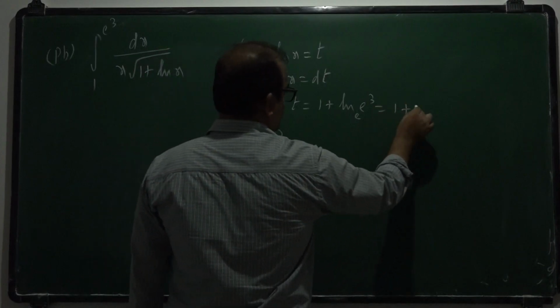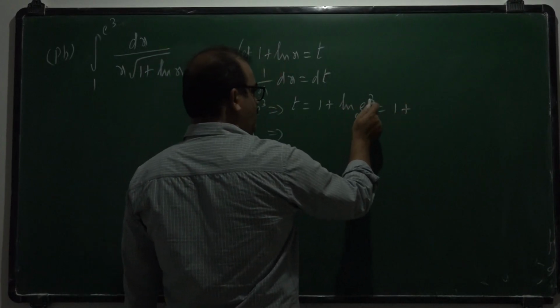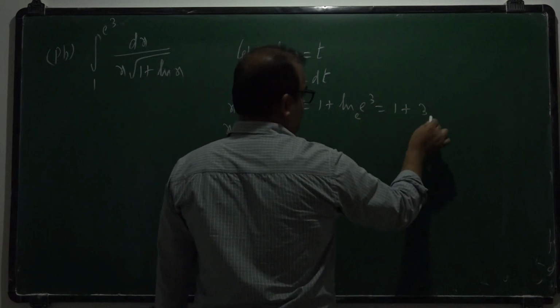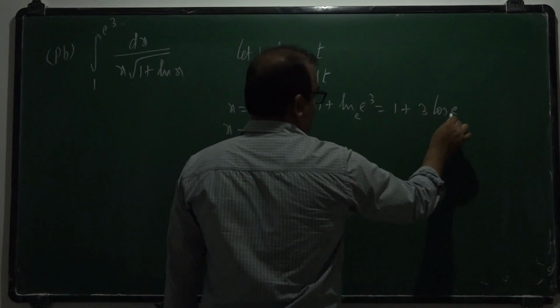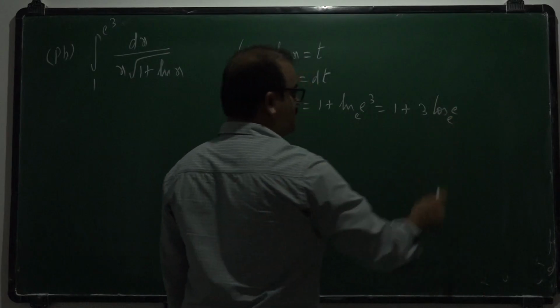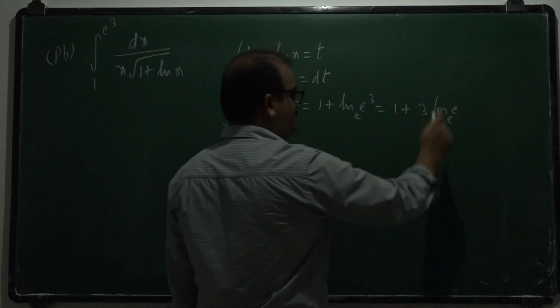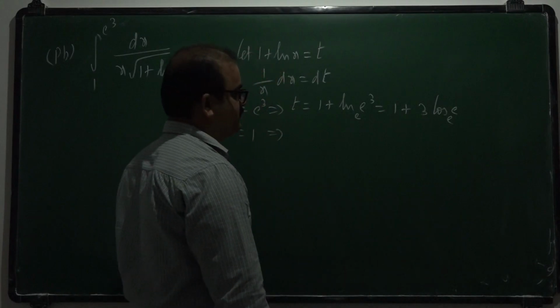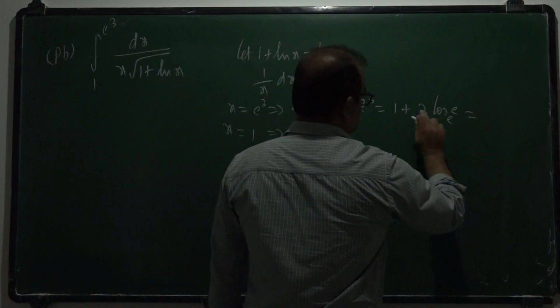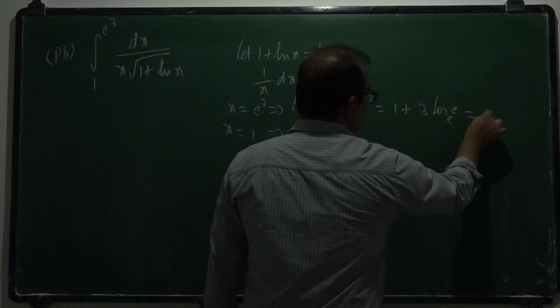So it is 1 plus 3 into log e, in the form of log m power n, n into log m. Logarithm of a number with itself as the base is 1. So it is 1 plus 3, that is 4.